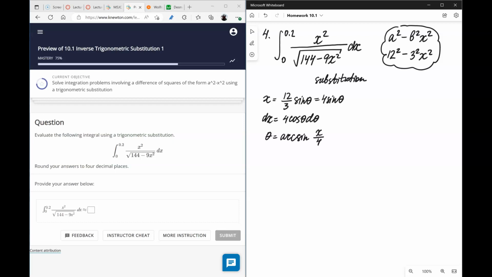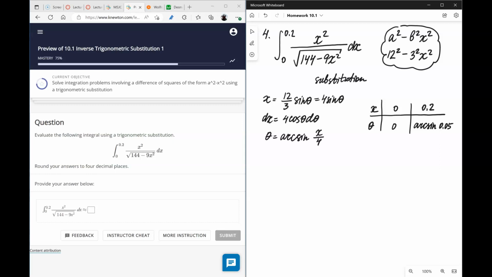So because it's a definite integral, we're going to be changing the limits of integration. So when x is 0, arc sine of 0 is just 0. But when x is 0.2, arc sine of 0.2 over 4 is going to be arc sine of 0.05.